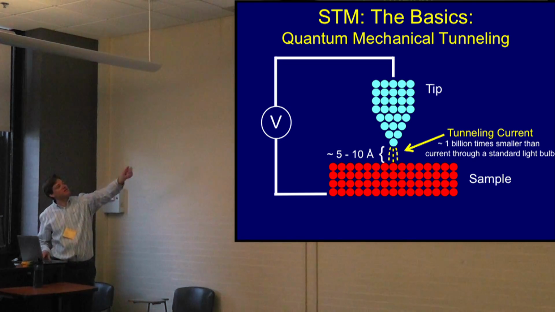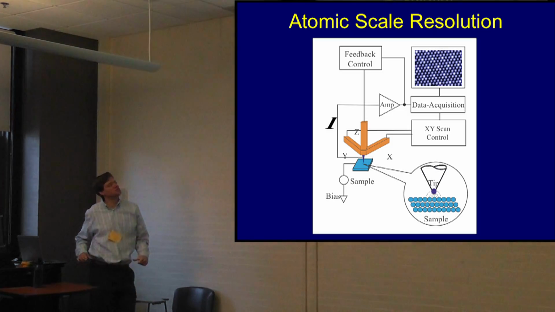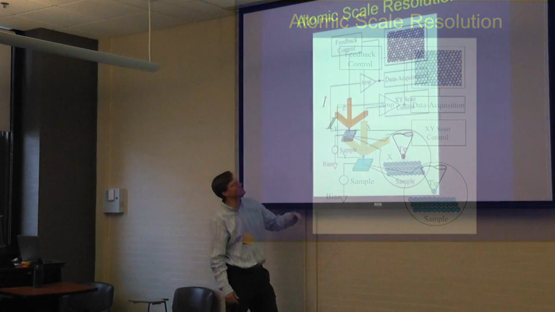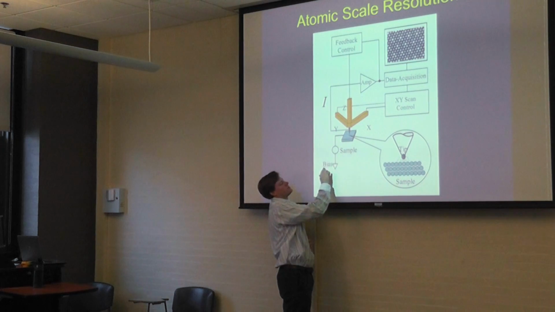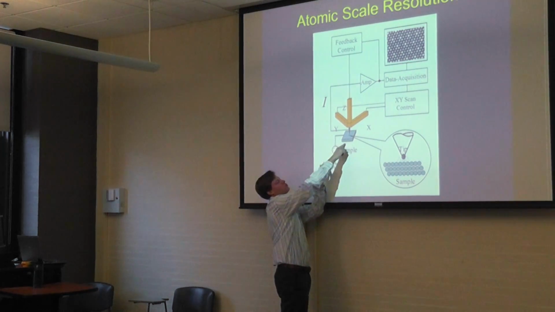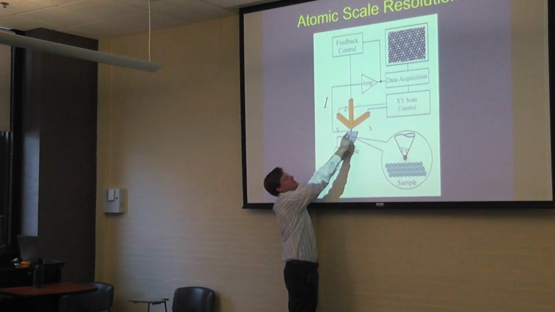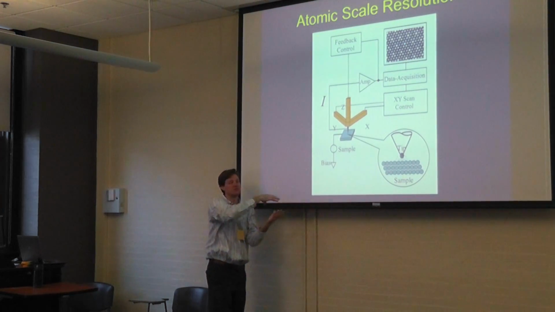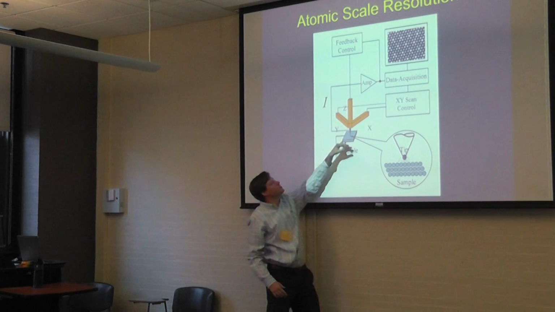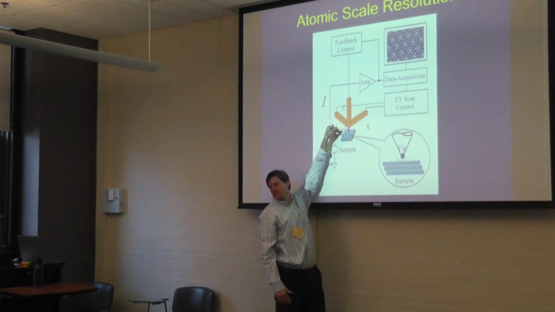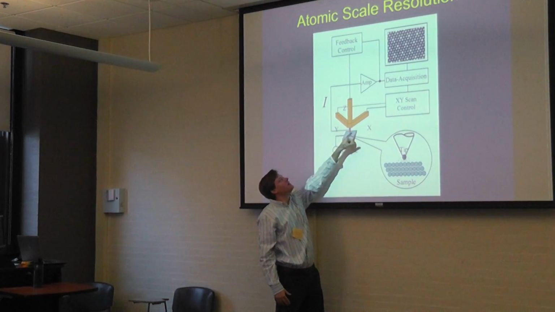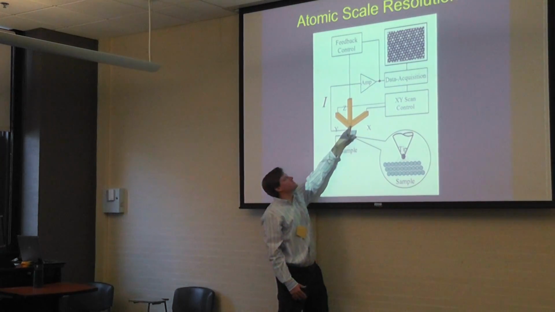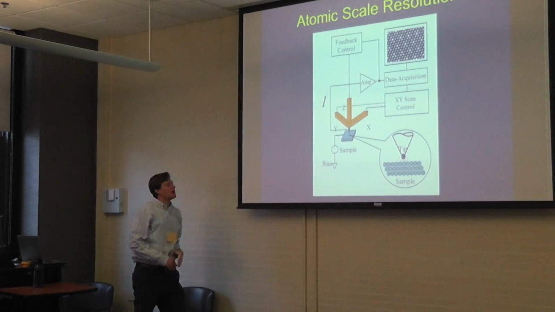STM is scanning tunneling microscopy. What we actually do is add a few more things to this system. Here, this is biased, but just think of this as our battery. We're applying a voltage to the sample, so now there's a voltage between the tip and the sample, and we can have electrons flow. We can measure a current, and we can measure exactly what that current is. Then we add one other aspect here, which is a scanner.